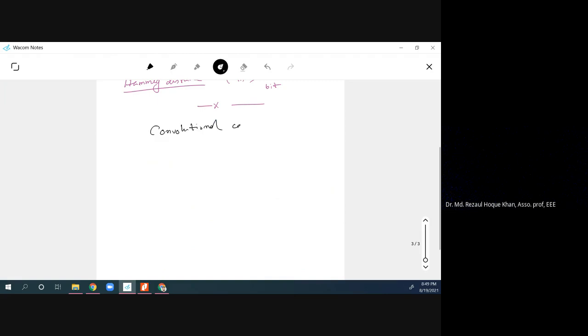This is actually our first channel code, like a classical channel code, one type of channel coding or error control code. Okay, so let us consider a bit sequence.